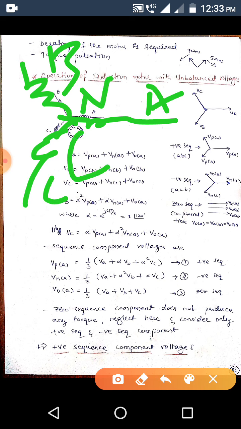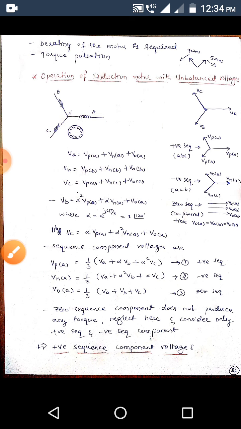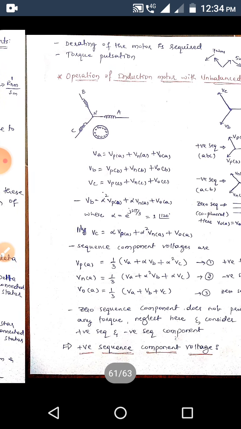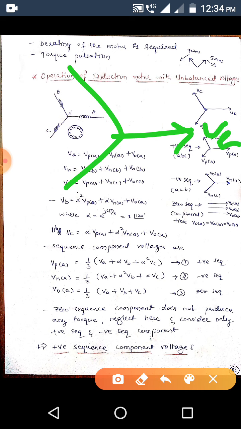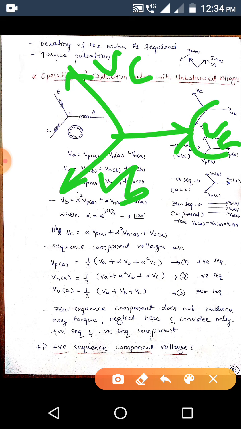Then we have the stator. All three phases are connected to the supply voltages VA, VB, VC. Assume that VA, VB, VC are unbalanced voltages in the windings.